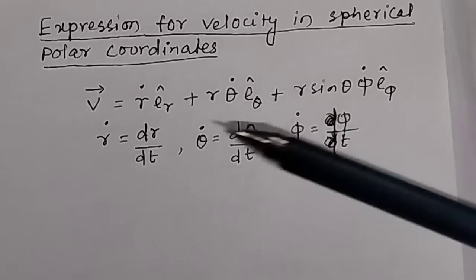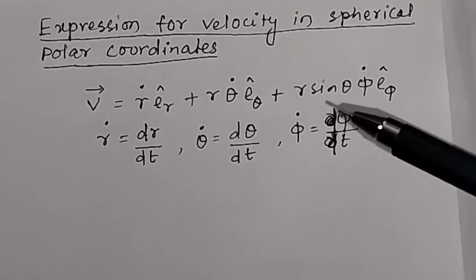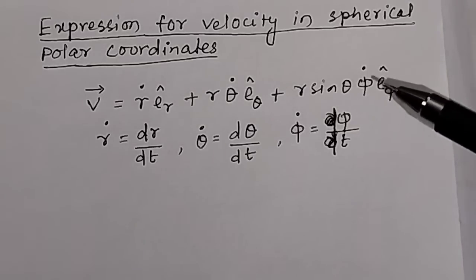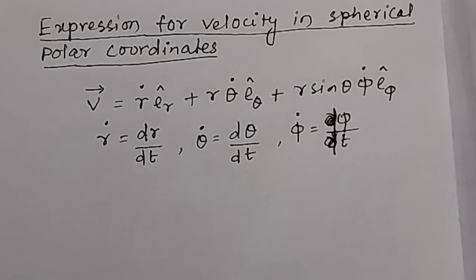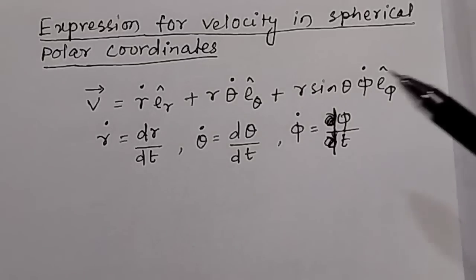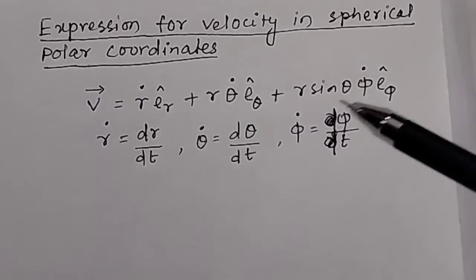So in the expression for velocity, you have r sin theta in phi direction or xy plane. And let us derive how the velocity in spherical polar coordinate is equal to this equation.